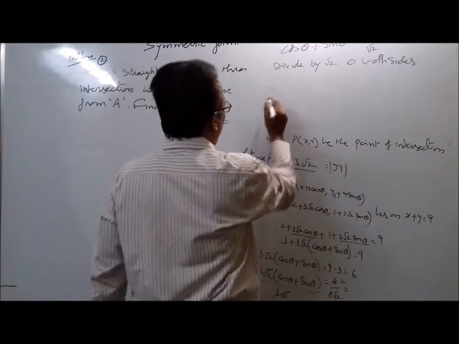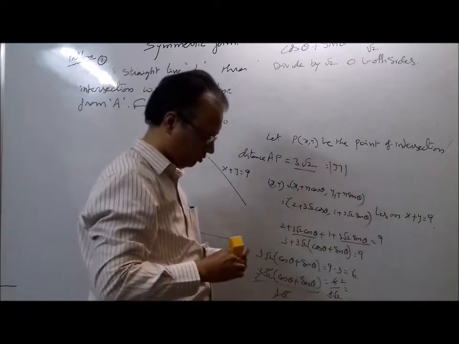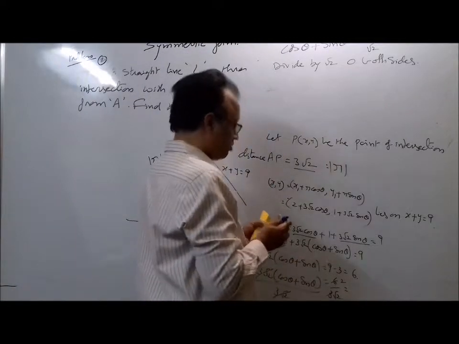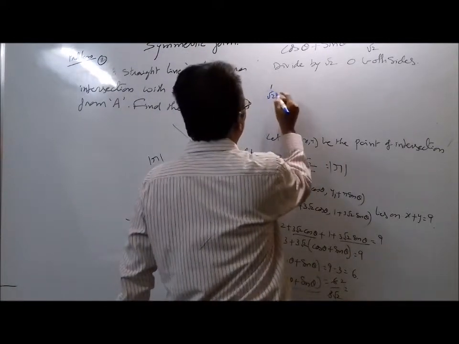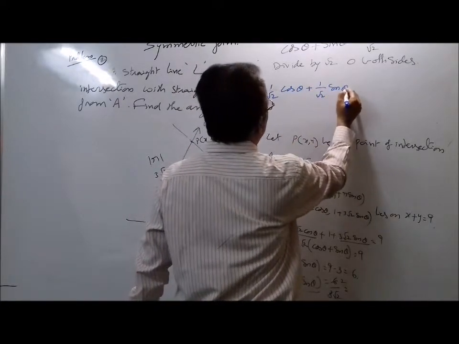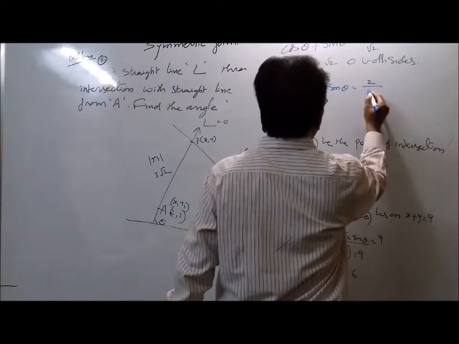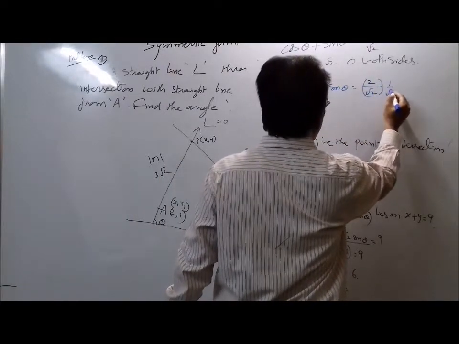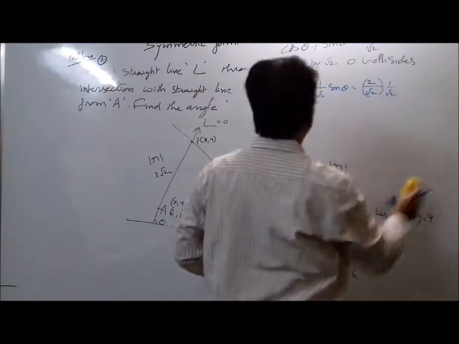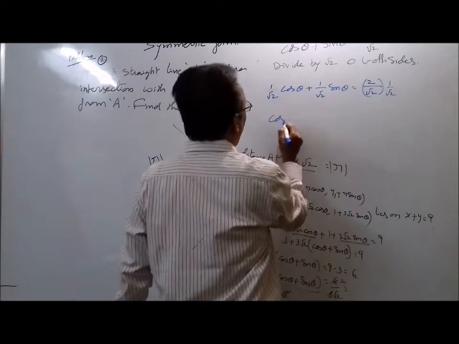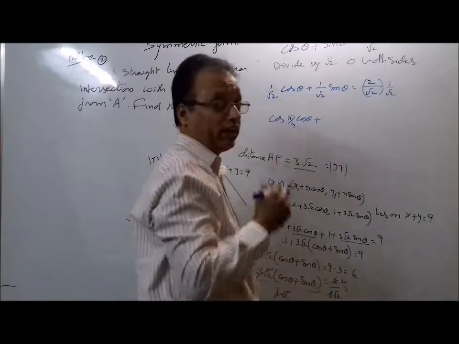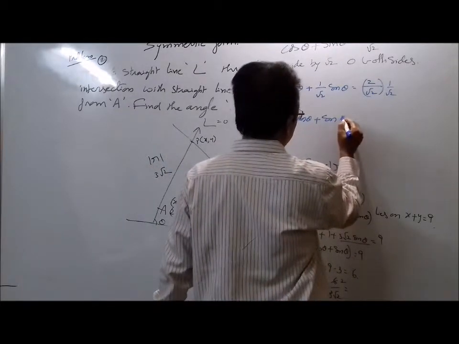That is 1 by root 2 cos theta plus 1 by root 2 sin theta, and 2 by root 2 divided by root 2 gives 2 by 2, which is 1. 1 by root 2 I can say is cos pi by 4, and sin pi by 4.